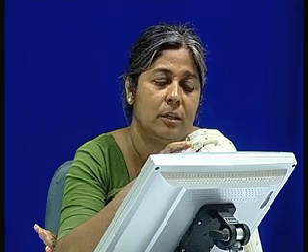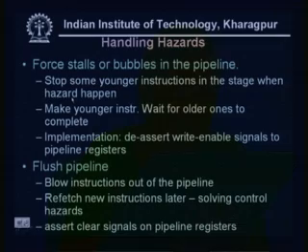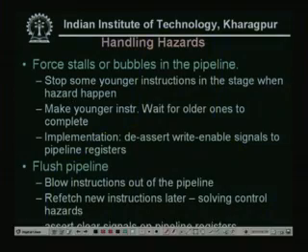Then what we can do is stall one, that means one will use that thing and the other will stop its use, then hazards can be controlled. So, these are stalls or bubbles in the pipeline. So, stop some younger instructions in the stage when a hazard happens.